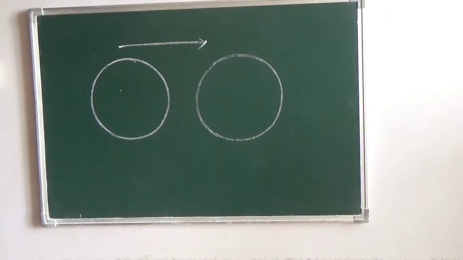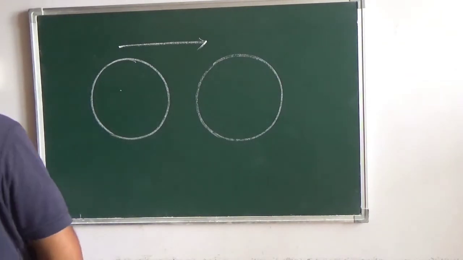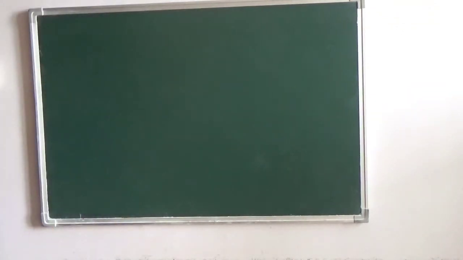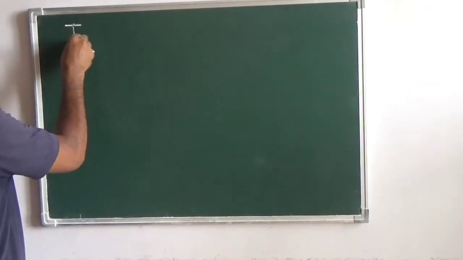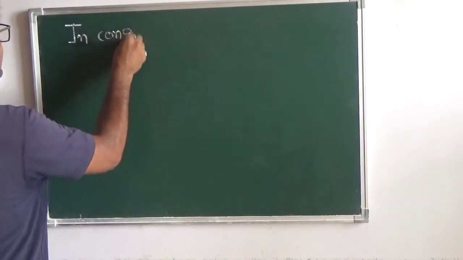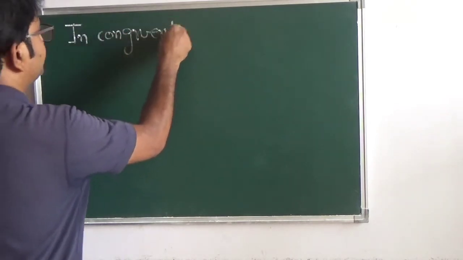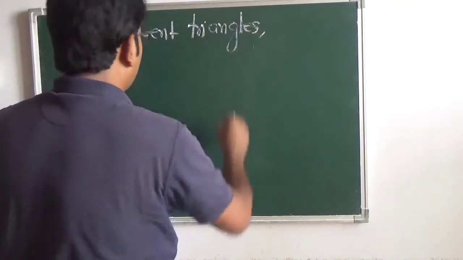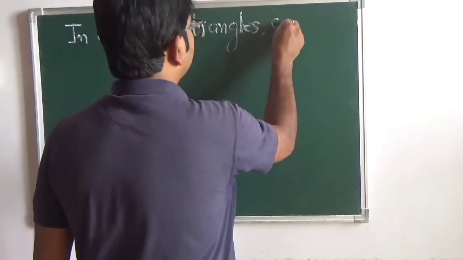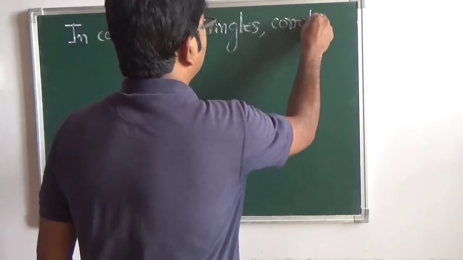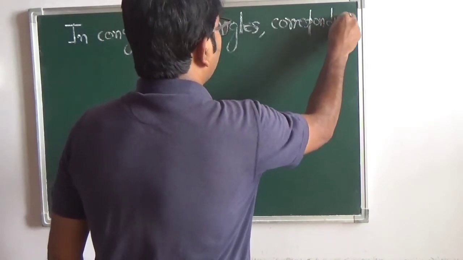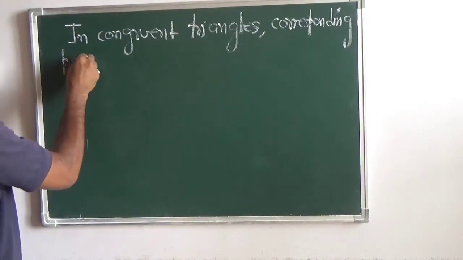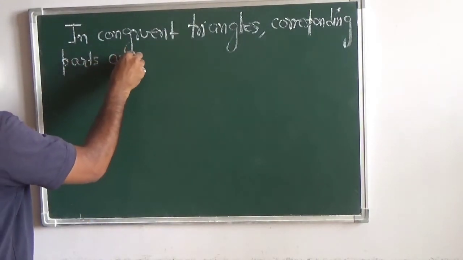Now before that, when we say the two triangles are congruent, write down, in congruent triangles, corresponding parts are equal.